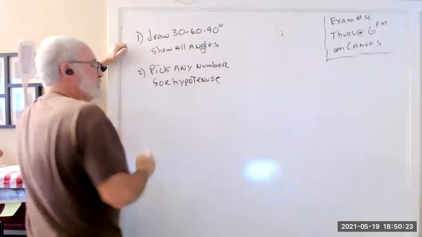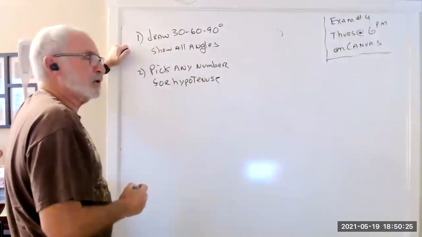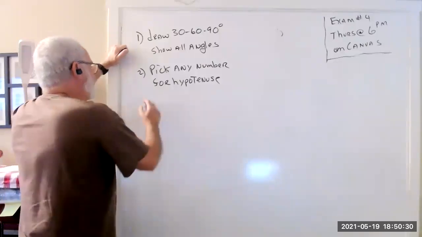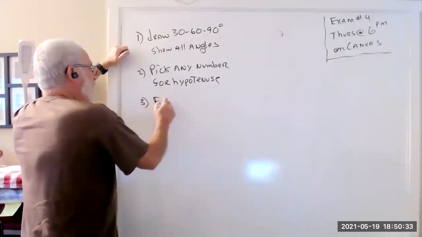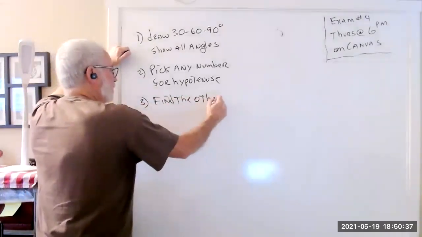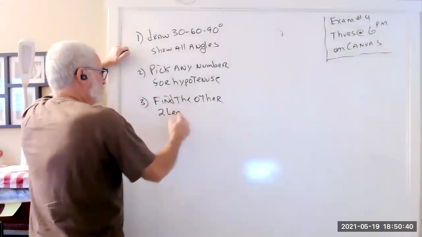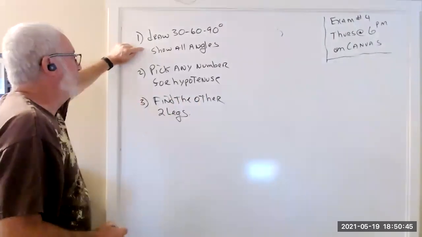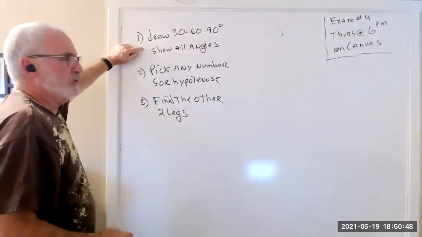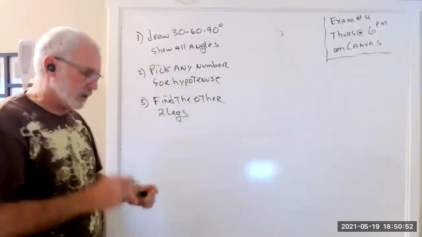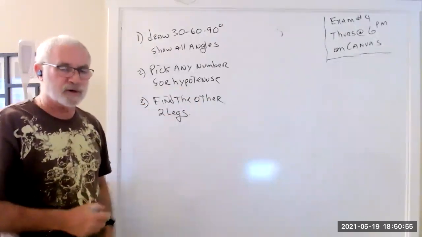I suggest you pick an even number, but you don't have to. Pick any number you want in the universe for the hypotenuse and find the other two legs according to our formulas for 30, 60, 90s. I'll pause and wait for a moment.